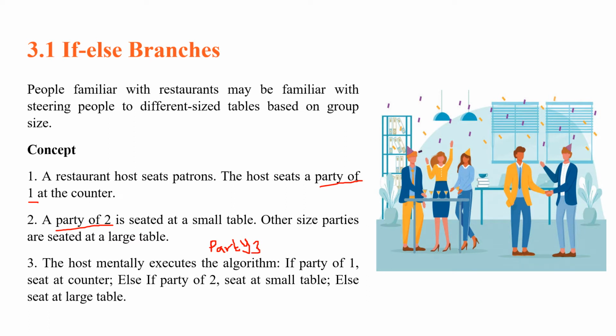Okay, so the party 1 will be the host, and they will be seated at the counter. So party 1 will be seated at the counter always, since they are the hosts.